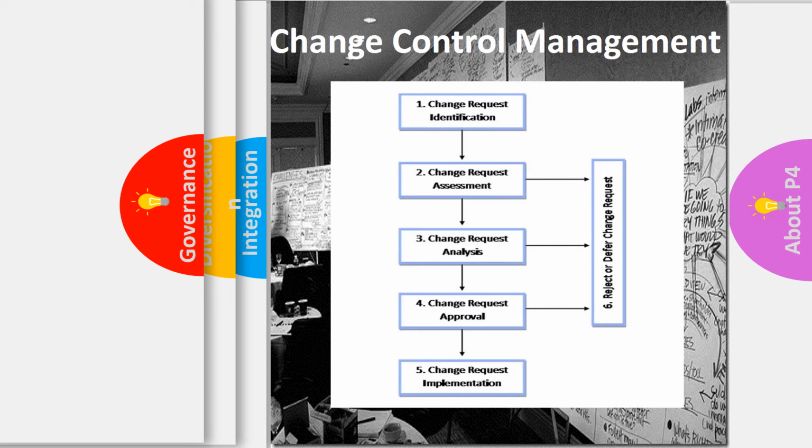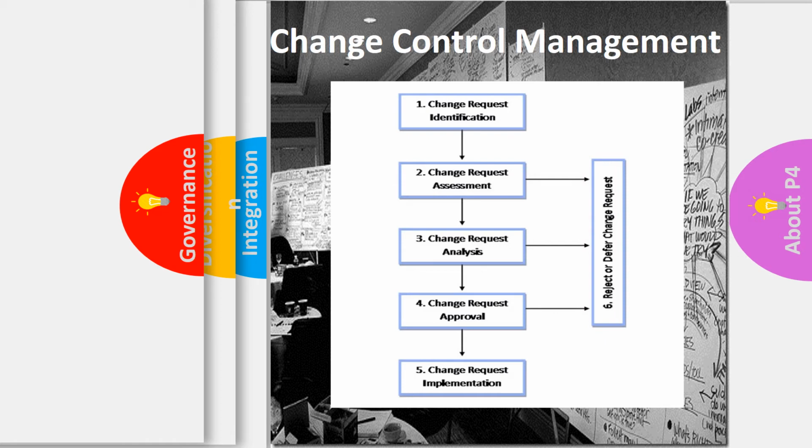But we also need to take into consideration change control management, because if you've worked on any project, and I've worked in many different projects, there are always changes. You never have a project from start to finish where you go according to plan without any changes taking place.